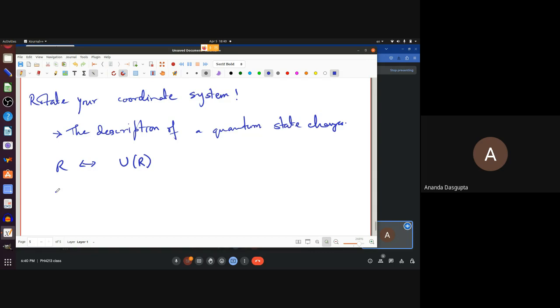So every time x goes to Rx, you are rotating your coordinate system, then the state, whatever that state vector is, whatever object that is, changes to U(R) acting on it. Is it okay?